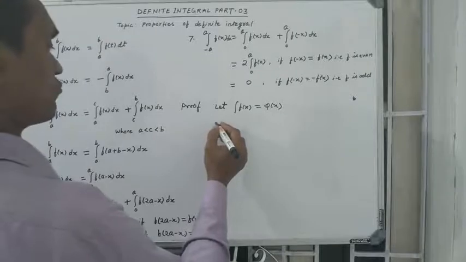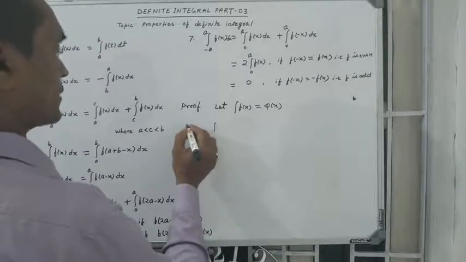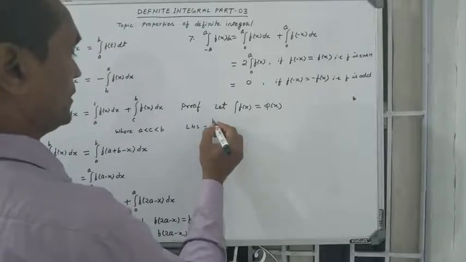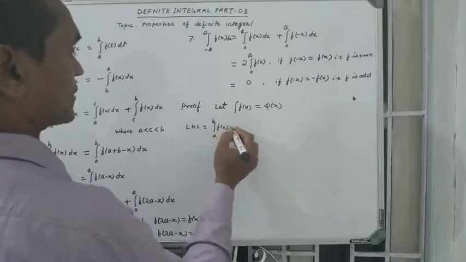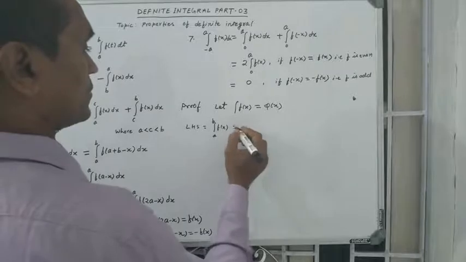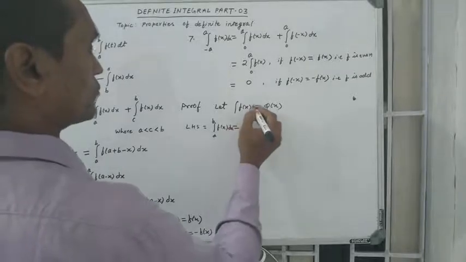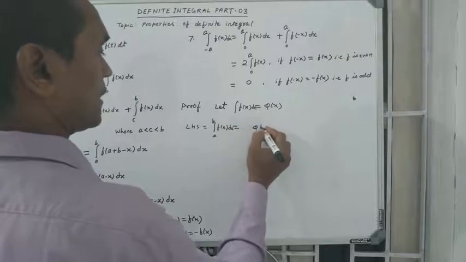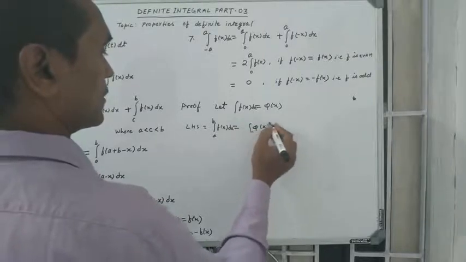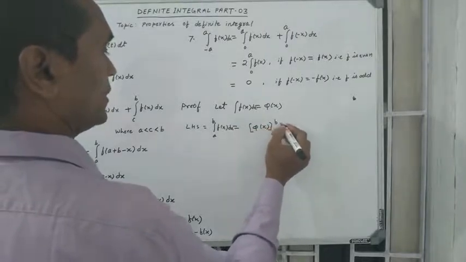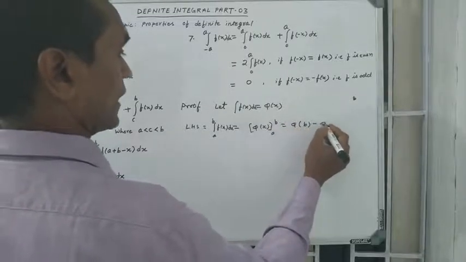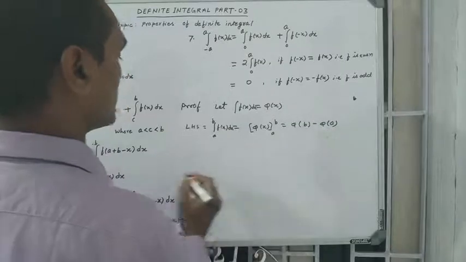Then the left hand side, the integral from a to b of f(x), is equal to phi(x) from a to b, which is phi(b) minus phi(a). This is the left hand side.